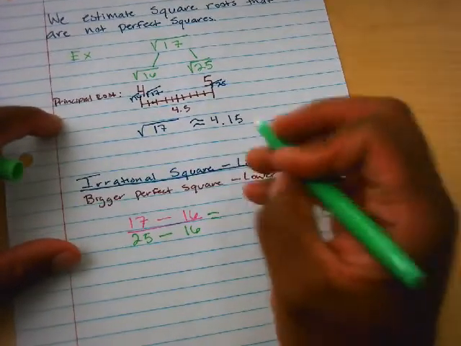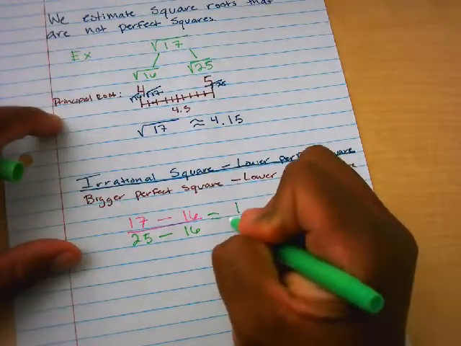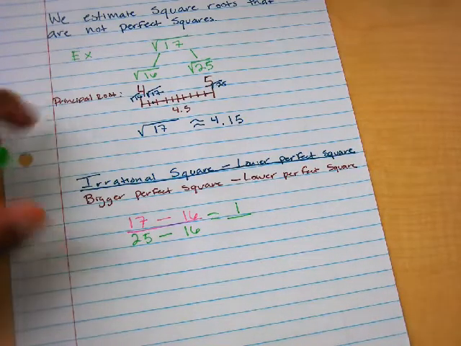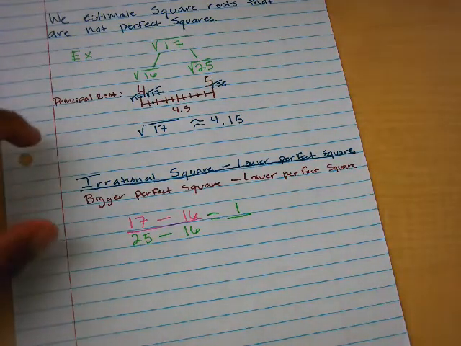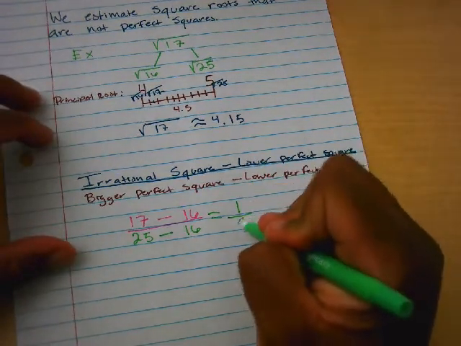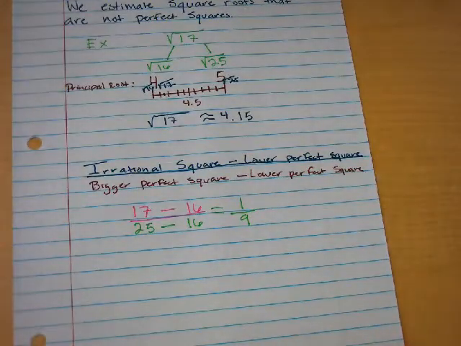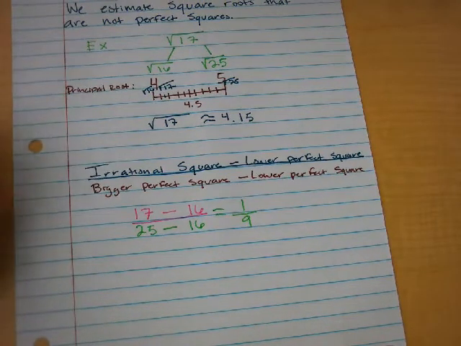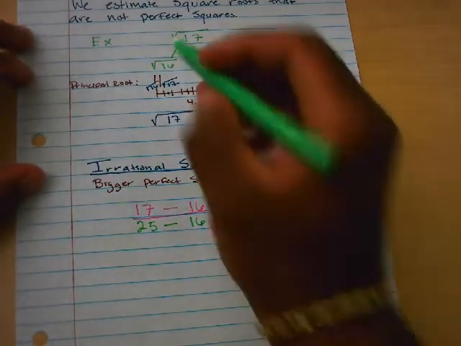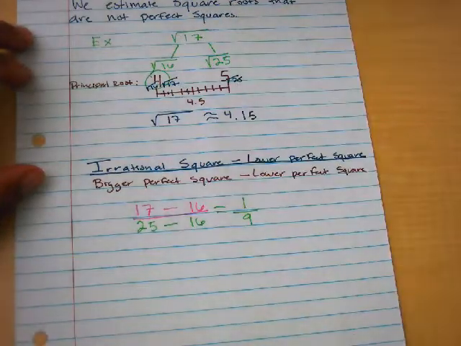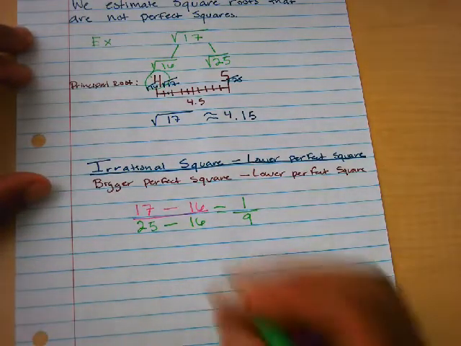17 minus 16 is 1. And then 25 minus 16 is 9. Okay, 1/9. And now the most important part is we take the number, this number, so that's the number it's closest to, take the 4 and we bring it down.